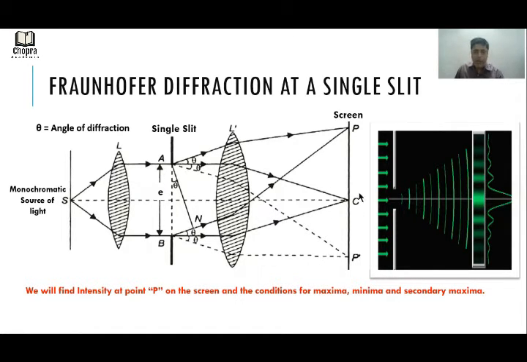So the point C is the central bright fringe and the diffraction angle is theta. This theta we will be referring back to in the derivation also. And what is our aim? Our aim is to find the intensity at point P on the screen and the conditions for maxima, minima and secondary maxima.